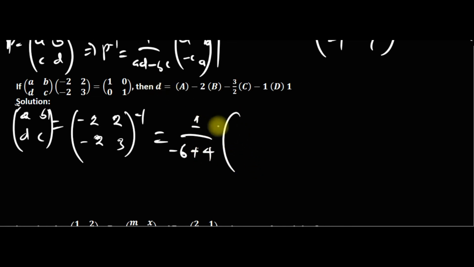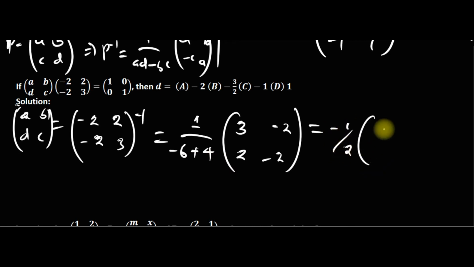So we interchange the elements of the principal diagonal, which is 3, minus 2, and we negate this element, which is 2 and minus 2. So we have minus 6 plus 4 is minus 2. So I have minus 1 over 2, which is half, times 3, minus 2, 2, minus 2.